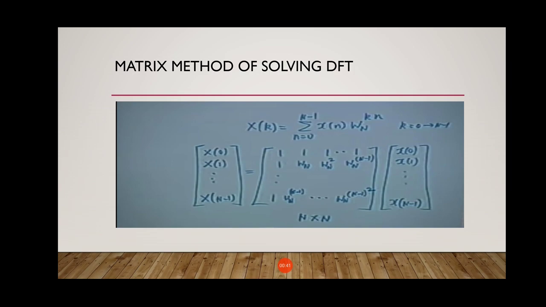Now, if we expand this equation and write it in terms of matrices, on the left hand side we will get capital X of 0, X of 1, and in this way up to X of N minus 1.